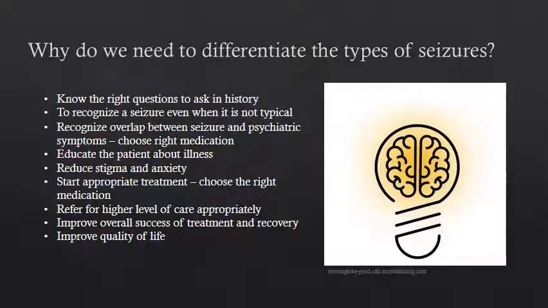Although we use only 4 anti-epileptic medications commonly in practice, even between these 4, we can choose one over the other depending on the type of seizure. Like I said, we will learn more about pharmacological management of epilepsy in a future session, and this will become more clear.